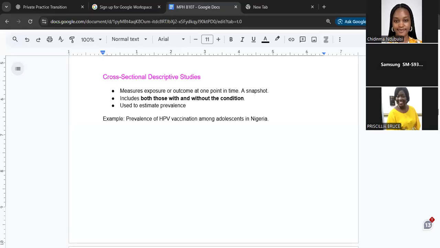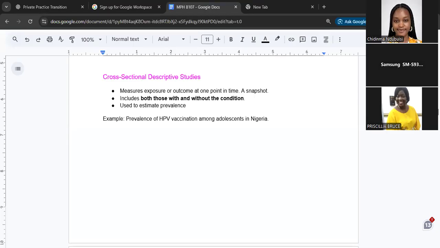There's a type that is cross-sectional analytic, so that when we see that one, we won't be confused. Now, what's happening in a cross-sectional descriptive study? We are measuring exposure or outcome, and we are doing it at one point in time.